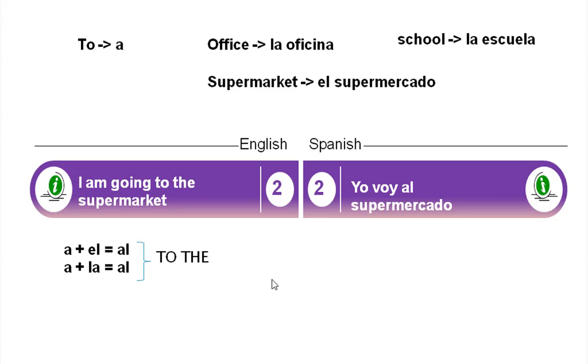So instead of actually saying voy a el, we just use one word, al. Our sentence becomes, I'm going to the supermarket, yo voy al supermercado, or voy al supermercado.